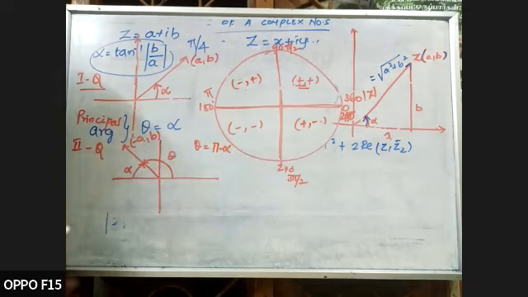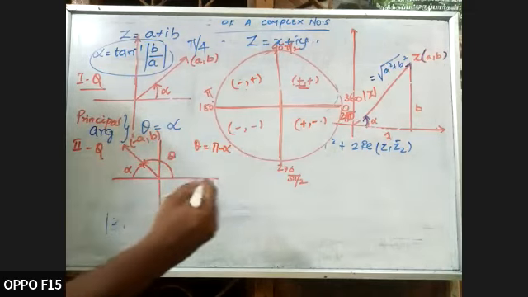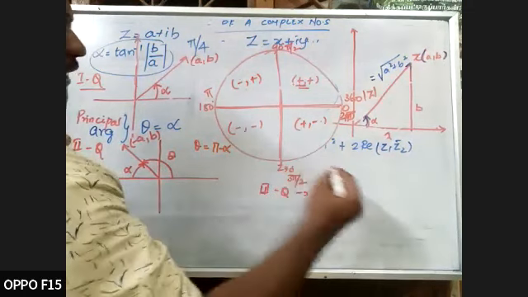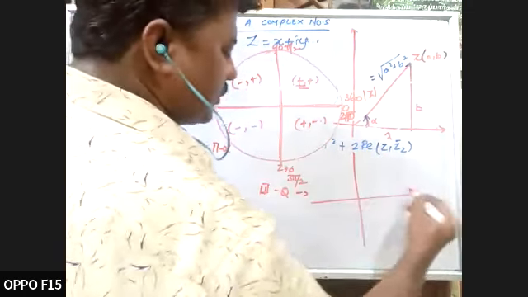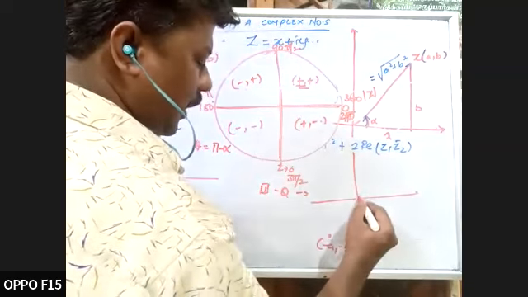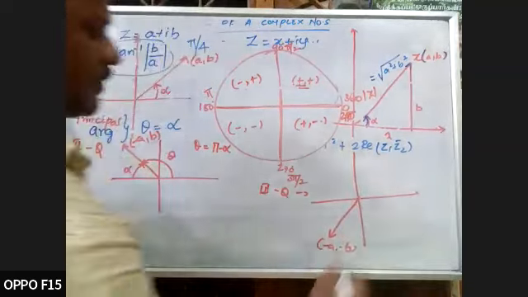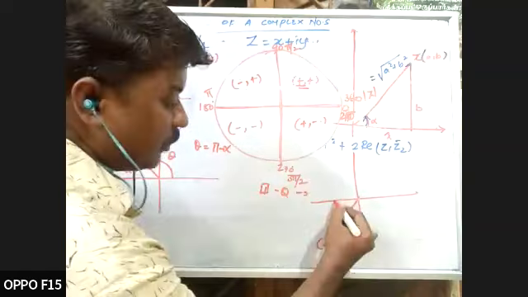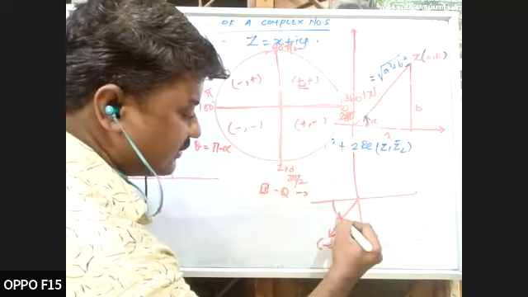Next, the third case, the third quadrant. In the third quadrant both are negative. So how can we draw the diagram? Both negative means minus a comma minus b. Now your z, the complex number, should be here. Your alpha, the argument, is from the x axis to this.